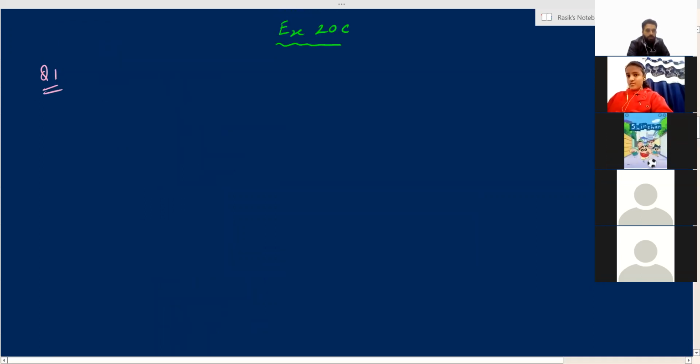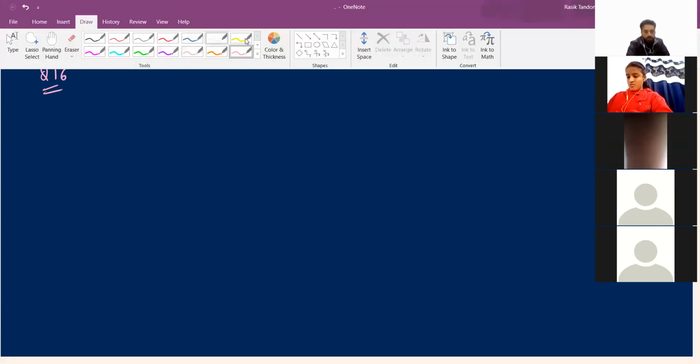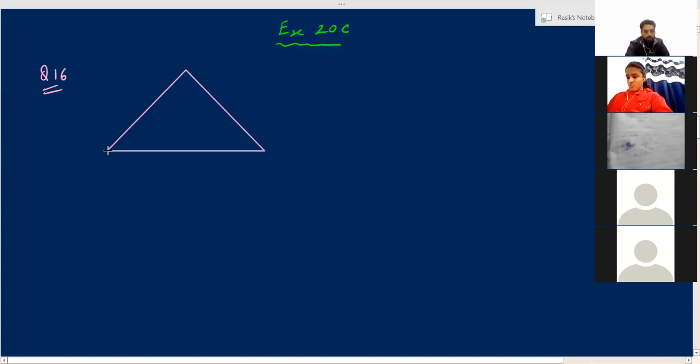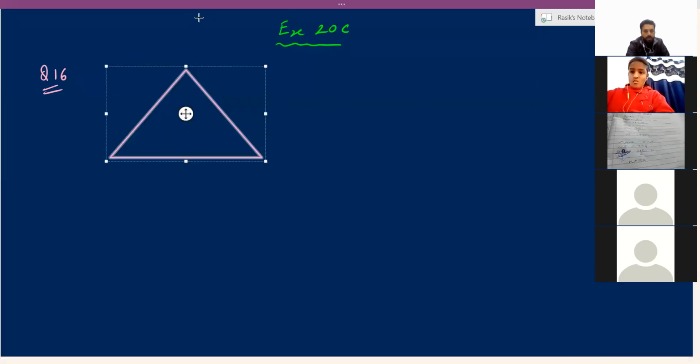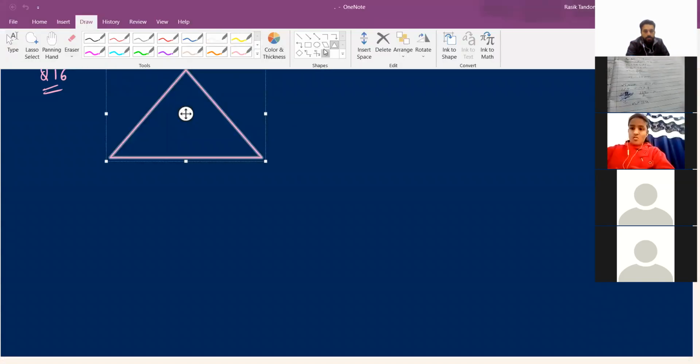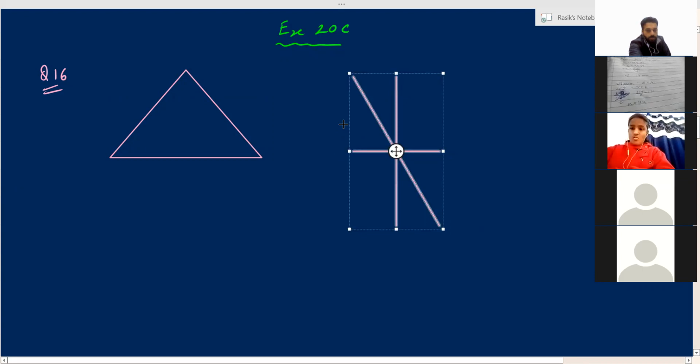Question 16. There are two figures in question 16. One is a triangle, and then there is a rhombus also.